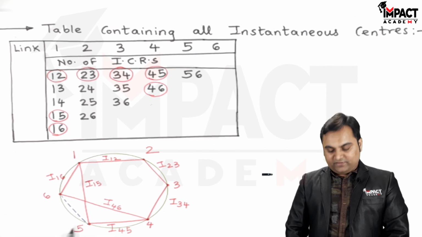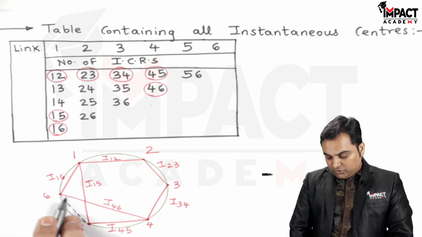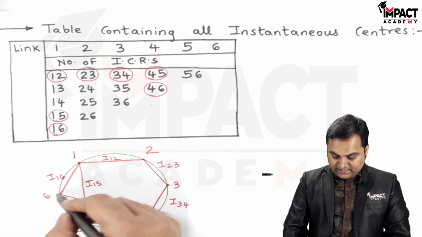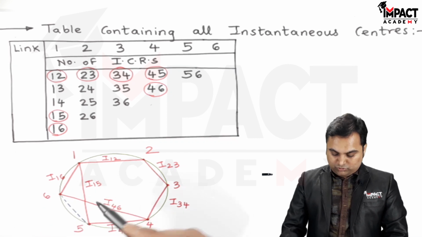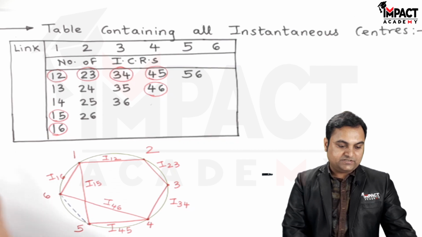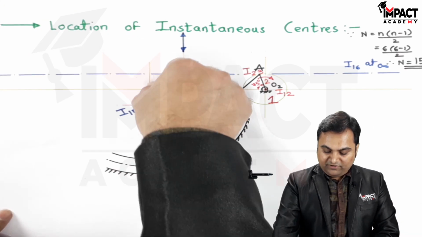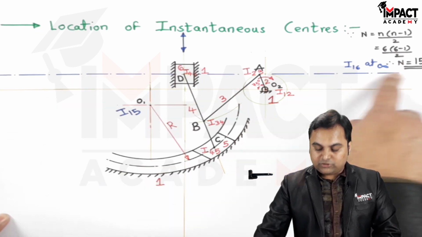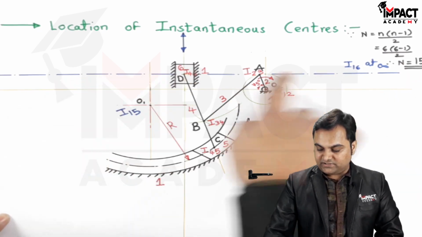Now we can easily see that 5-6 has been connected. This edge 5-6 is forming two triangles, for example triangle 4-5-6 and triangle 1-6-5. So we have to see the intersection, that is 1-5 and 1-6. 1-5 is over here, and 1-6 is this horizontal line, which we can see at infinity.